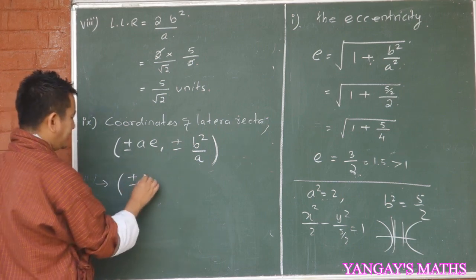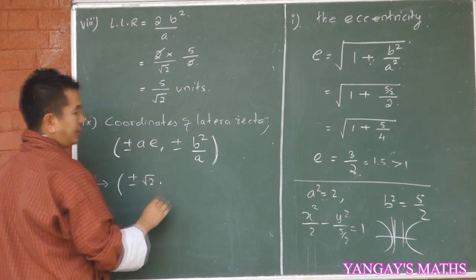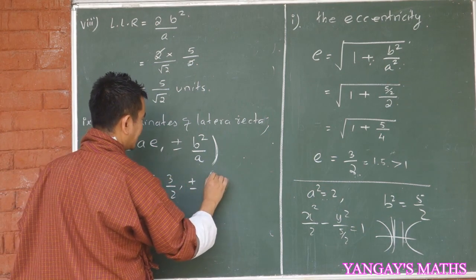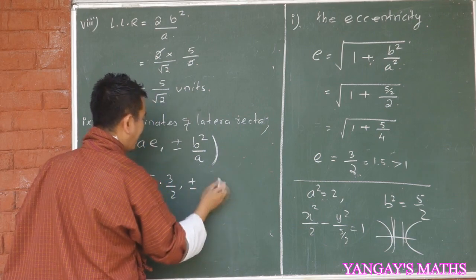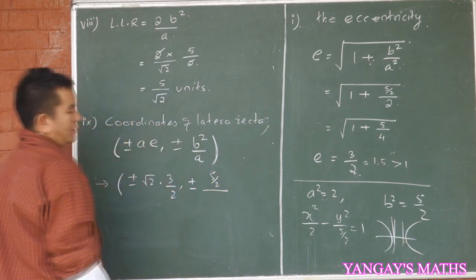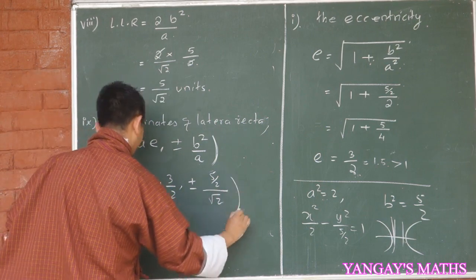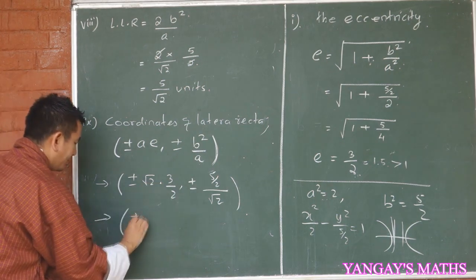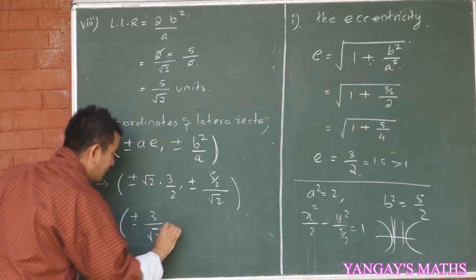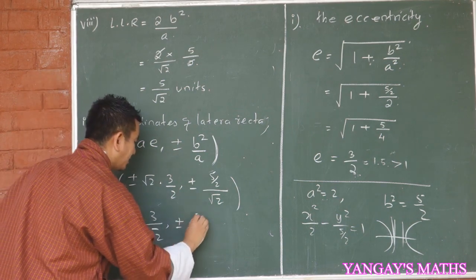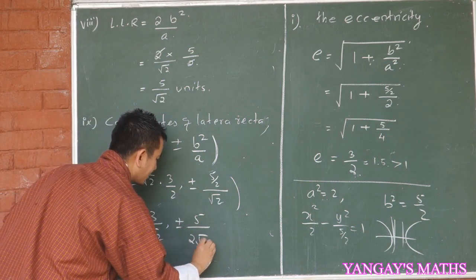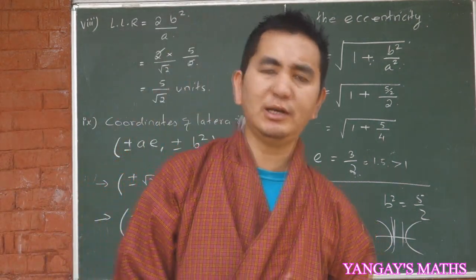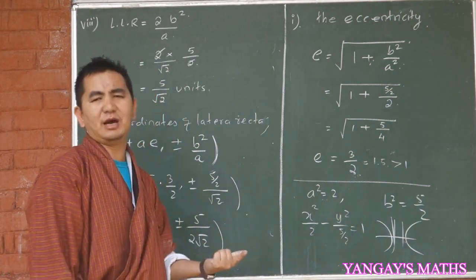Plus or minus the a value, root 2, times the E value, 3 by 2, comma, plus or minus the b square value, 5 by 2, divided by the a value, root 2. This 2 is root 2 times root 2, so plus or minus 3 divided by root 2, comma, then plus or minus 5 divided by 2 root 2. This becomes the coordinates of lateral recta. In the next video lesson, if you want, you can split, or otherwise you can keep it here. Meaning is the same, okay?